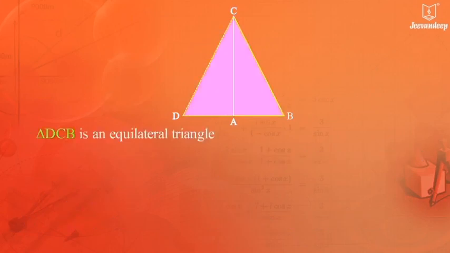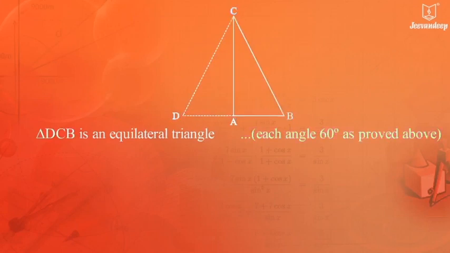Thus, triangle DCB is an equilateral triangle. Each angle is 60 degrees, as proved above. Therefore, DC equals BC equals DB. Equation 3.